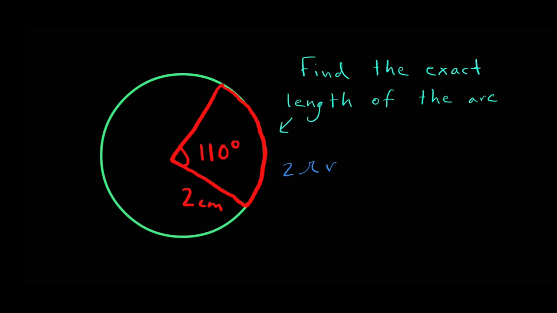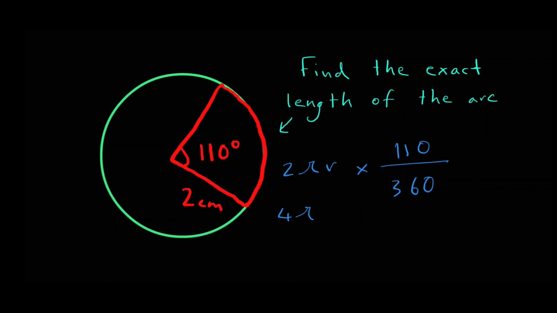Well, it's just going to be 2 pi r times the angle of the sector, which is 110 degrees, over the angle of the full circle, which is 360.